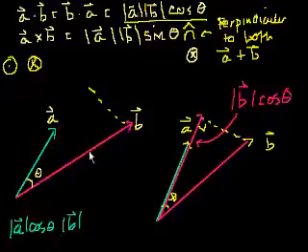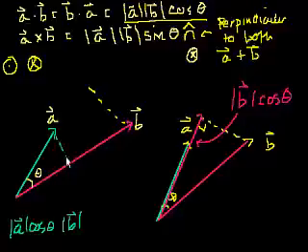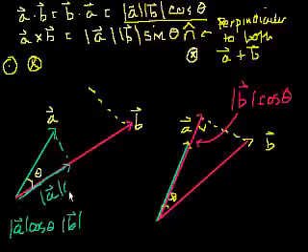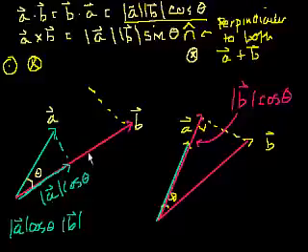A cosine theta is the magnitude of the A vector going in the same direction as B, or the projection of A onto B. They're actually the same number. How much of B goes in the direction of A times the magnitude of A gives the same number as how much of A goes in the direction of B times the magnitude of B.